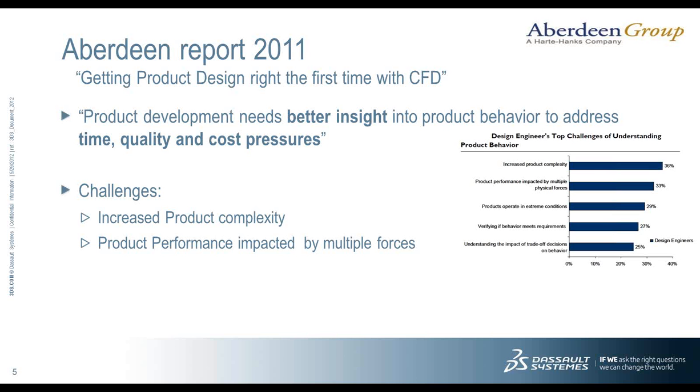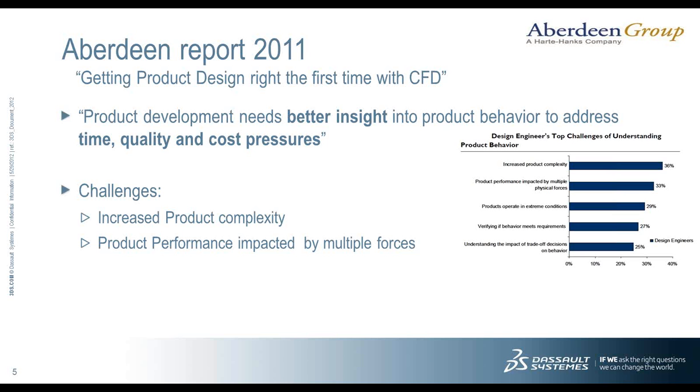Many products have evolved into complex systems of mechanical components, electronics, and software, involving multiple engineering disciplines. In addition, the increasing number of components, often combined with miniaturization, requires an even greater understanding of how they will interact while making sure they do not overheat, for example. Another challenge is that product performance is impacted by multiple physical forces.